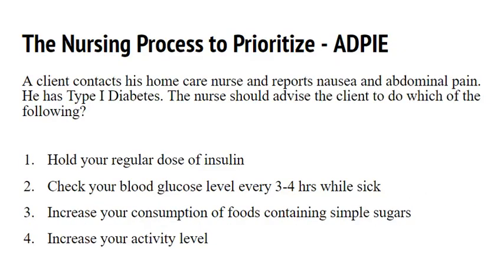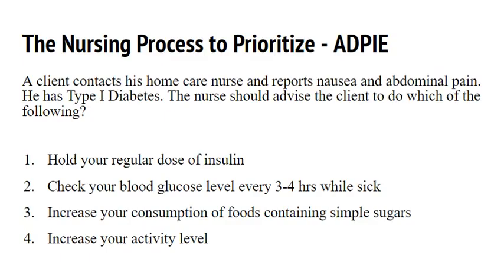Okay, this is our last question for the nursing process for prioritization. A client contacts his home care nurse and reports nausea and abdominal pain. He has type 1 diabetes. The nurse should advise the client to do which of the following. So again, following the ADPI, we're going to look for assessments versus implementation. Hold your regular dose of insulin.